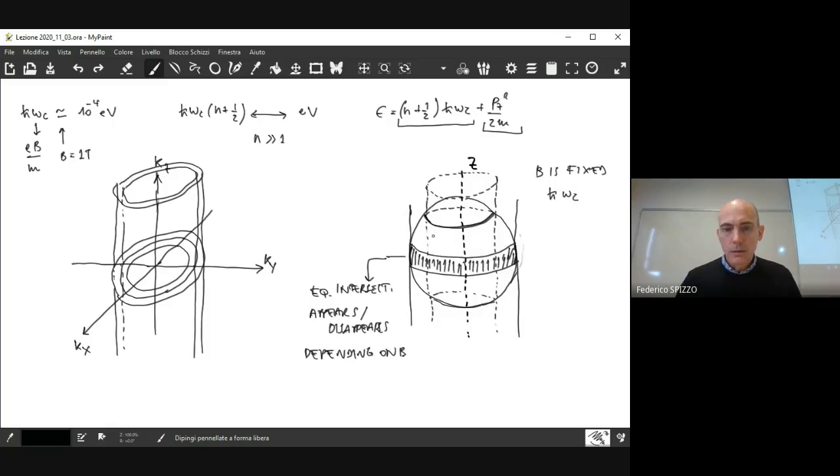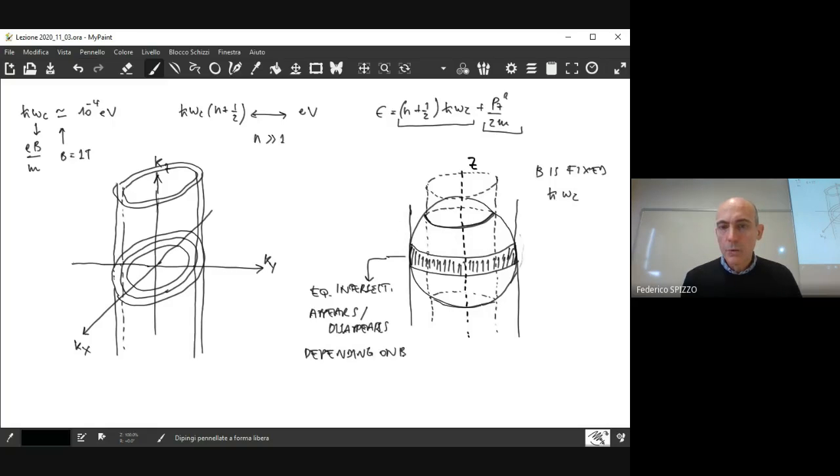And please note, by saying appear and disappear, I don't mean that the electrons are removed or included in the system. So that's not the point. The point is that the electrons are always there, but what changes is just the area of the intersection. So all the electrons that belong to the intersection, you may consider that they behave in the same way.